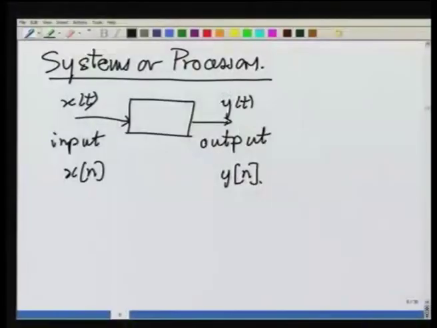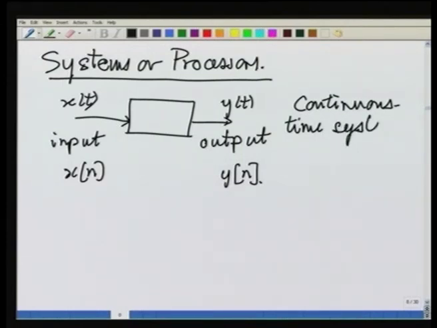In the first case, where we have x(t) and y(t) related by the system, we would call it a continuous time system. And this we will call a discrete time system.